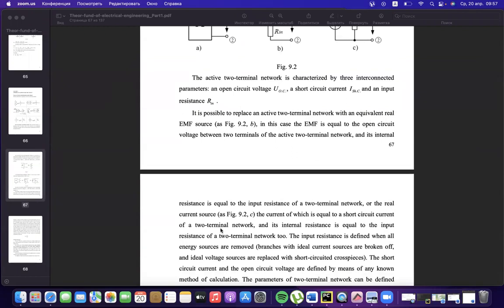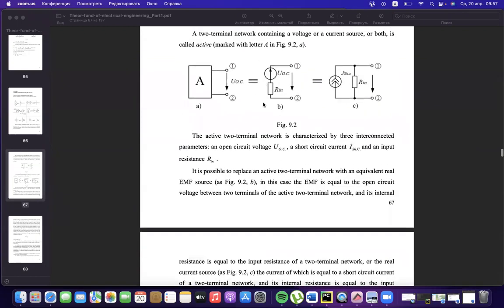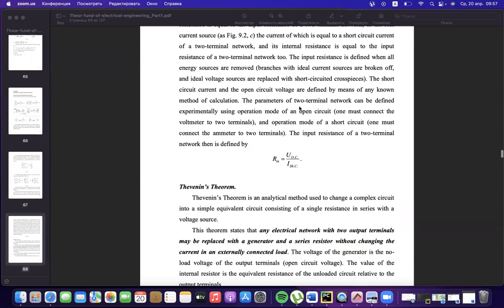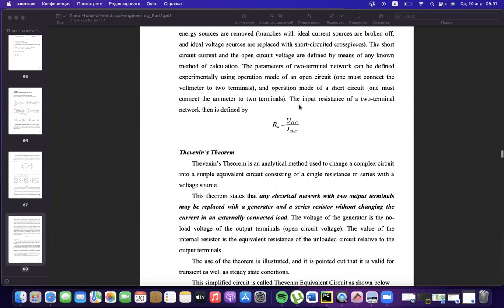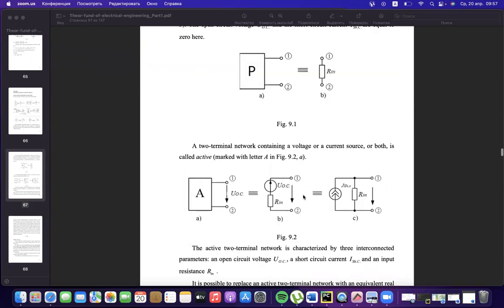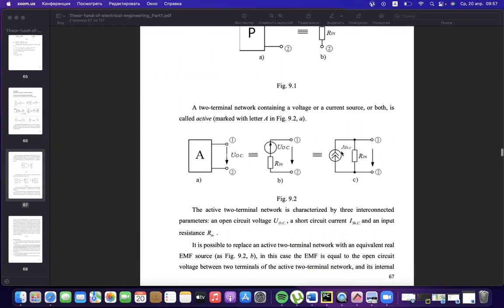And it's called the Thevenin theorem, because of the person who proposed this method. The circuit with an electromotive force is called the Thevenin circuit, and the circuit with a current source is called the Norton circuit, also because of a person's name.